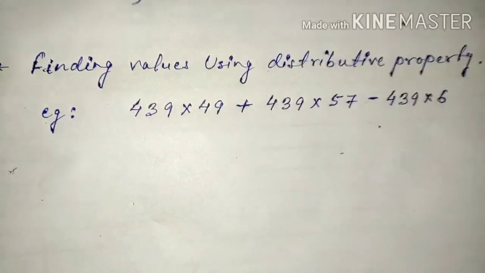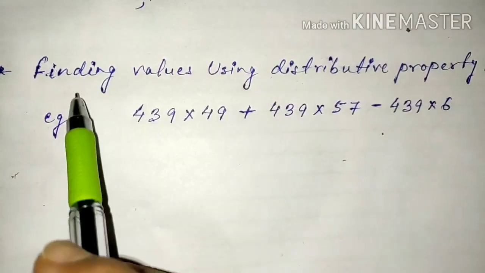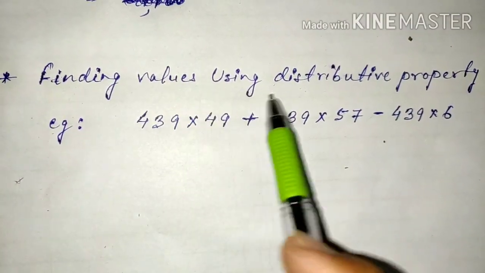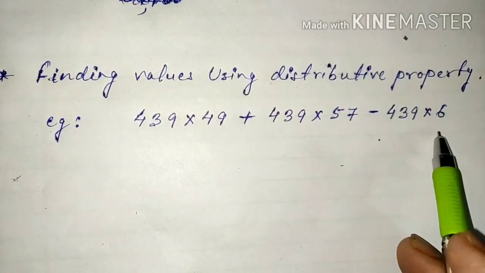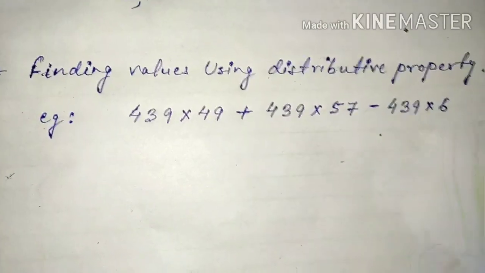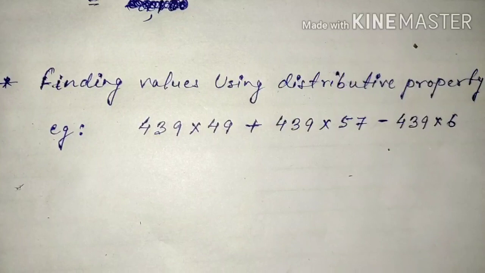Let us take another example of finding values using the distributive property. I have taken this example. You have to find the value of this by using the distributive property.